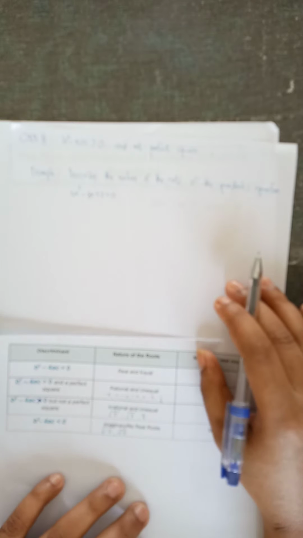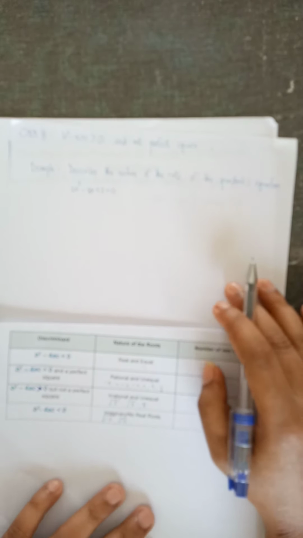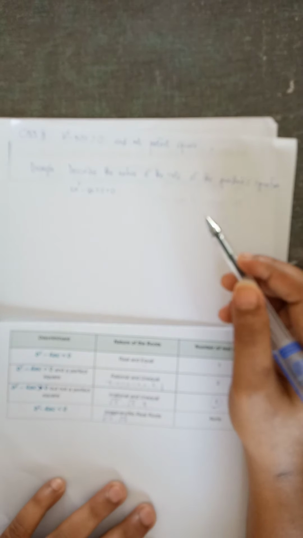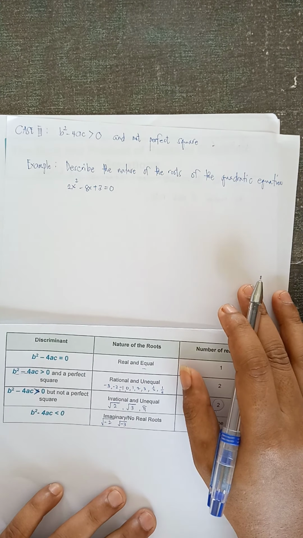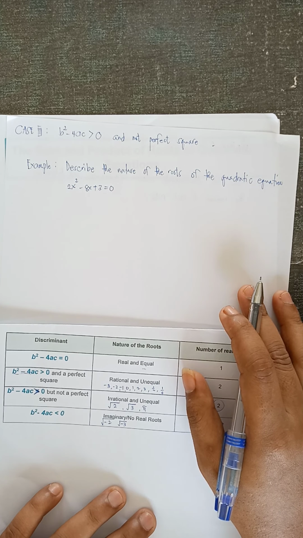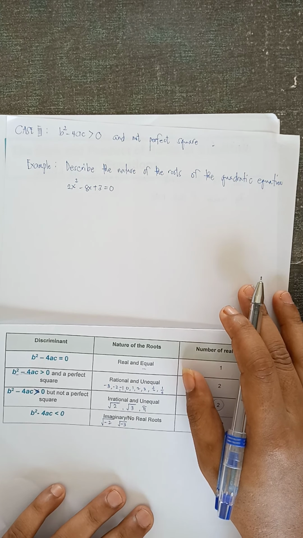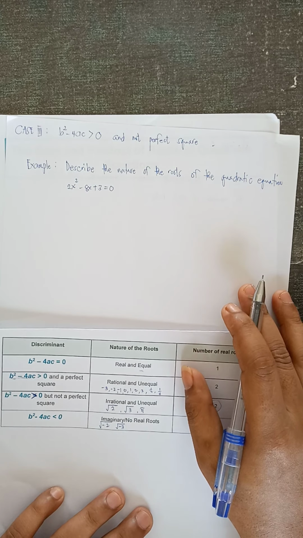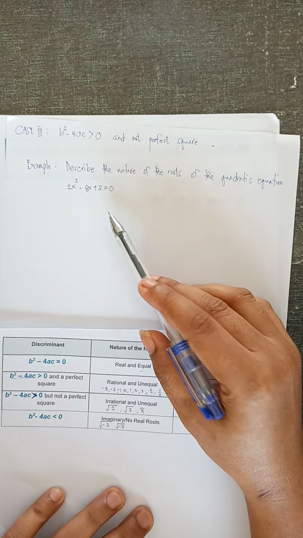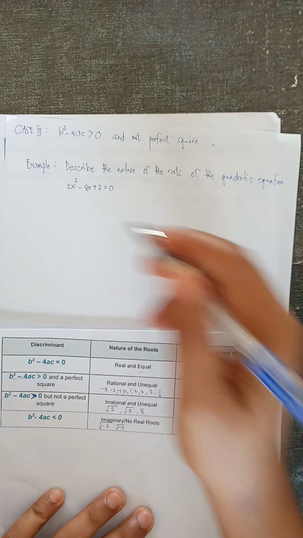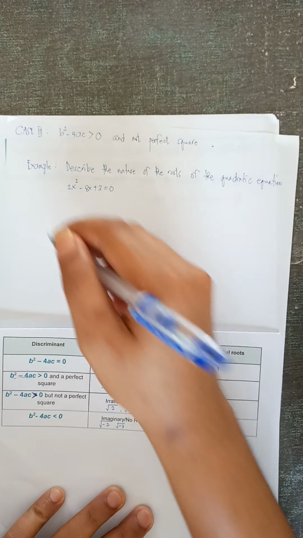So describe the nature of the roots of the quadratic equation 2x squared minus 8x plus 3 equals 0. So again, it is already in standard form. So directly identify the values of a, b, and c.